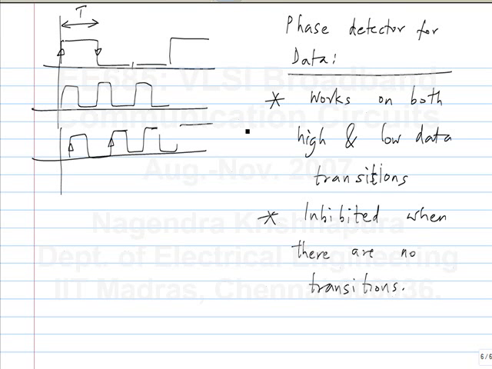We always look at the same edge of the clock, right? The rising edge of the clock. And here, no edge, we can't make a measurement. And here we have an edge, and we have an edge, okay? So essentially it should work on these phase differences. And during this period when there is no transition, nothing should happen, okay? So how do we get this?